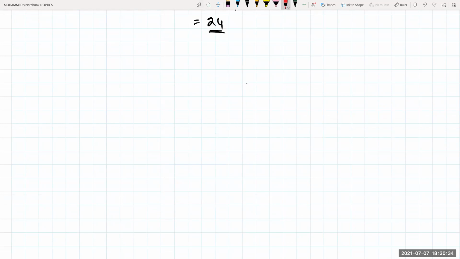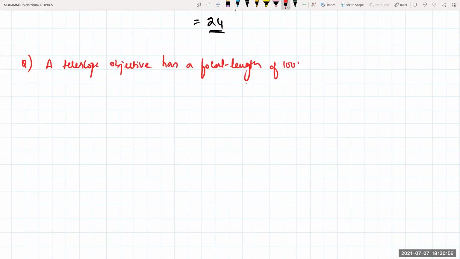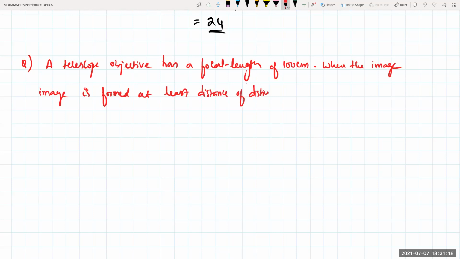One more question. Say, for example, a telescope objective has a focal length of 100 centimeters. When the final image is formed at the least distance of distinct vision, the distance between the lenses is 105 centimeters.